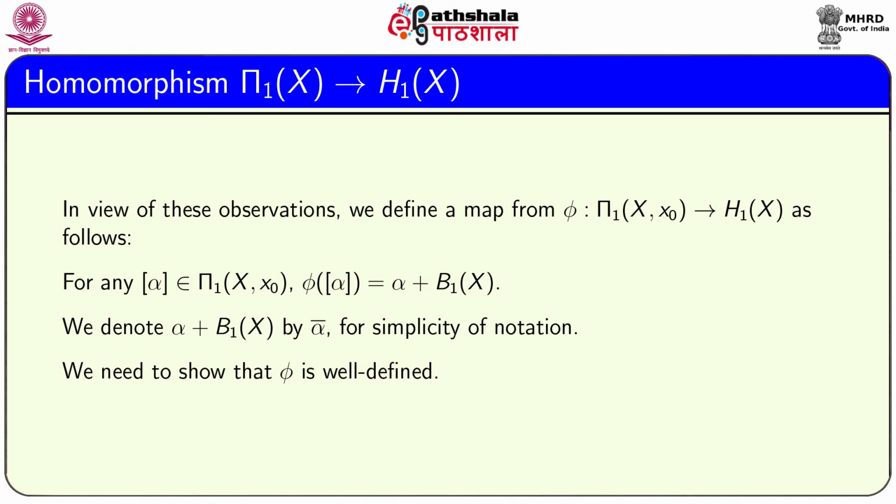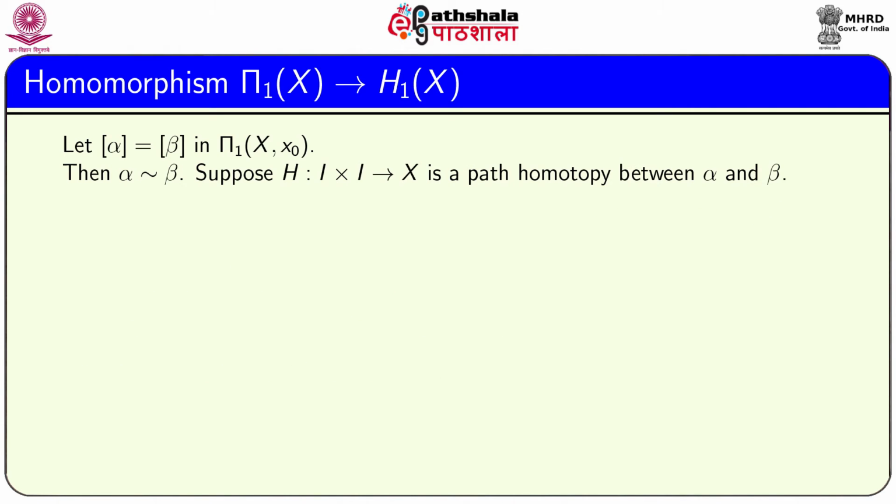We need to show that phi is well defined. For that, we start with two representations of an element of π1(X, x0). That means class alpha is equal to class beta inside π1(X, x0).